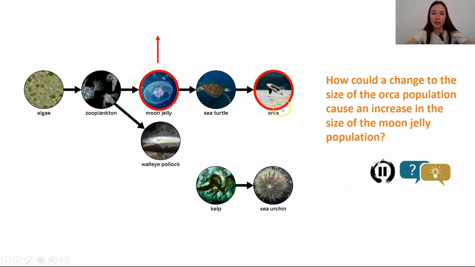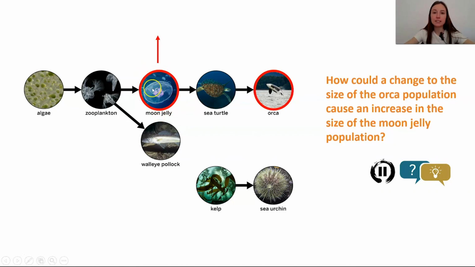Let's think about the orca. The orcas are the consumer populations of the consumer population of the moon jelly. Pause that video again and think about your ideas. All right, so now we're kind of looking at it from a different way. This side of the food web is affecting the moon jellies more by increasing or decreasing their deaths.